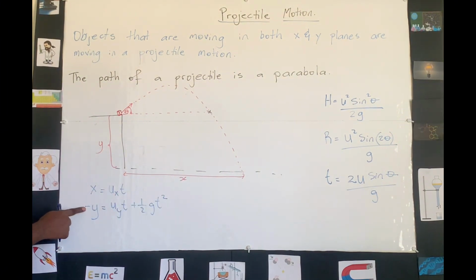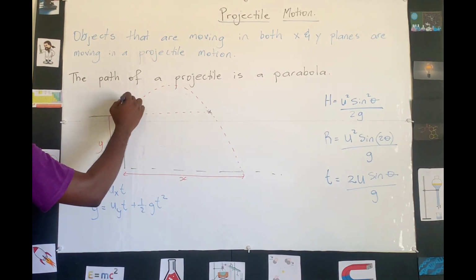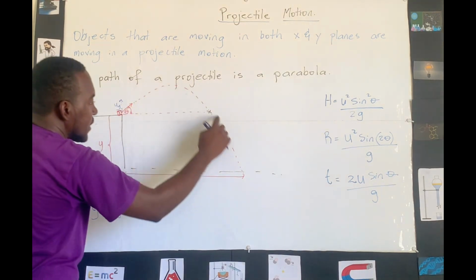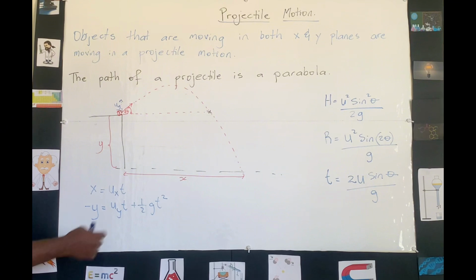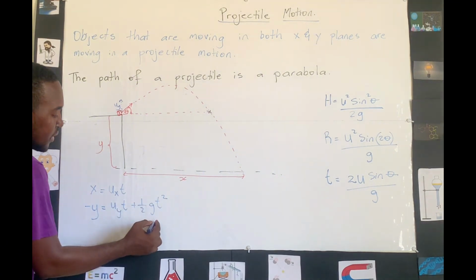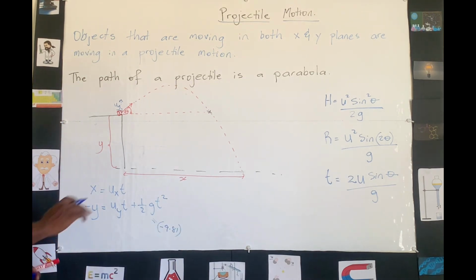That's the importance of this negative here, right? The initial in the y plane, which would be this uy times the time, which is the time it takes for the entire journey, plus half g t squared. And remember, g is equal to negative 9.81, always in a projectile motion, right?